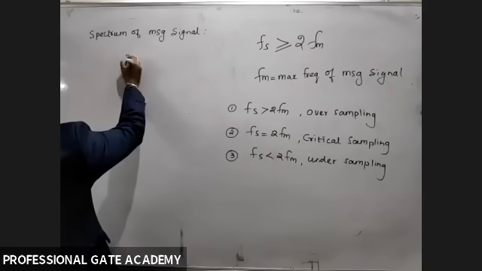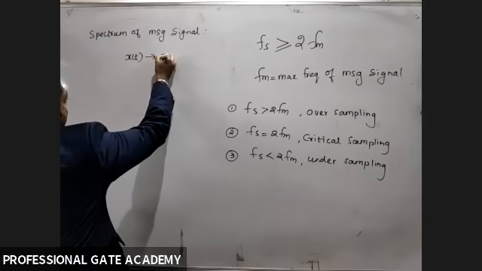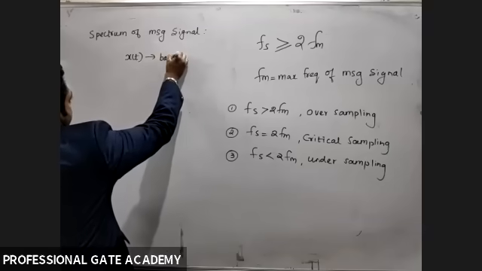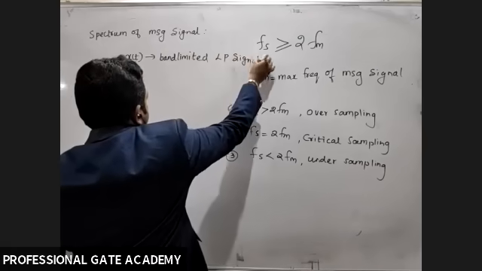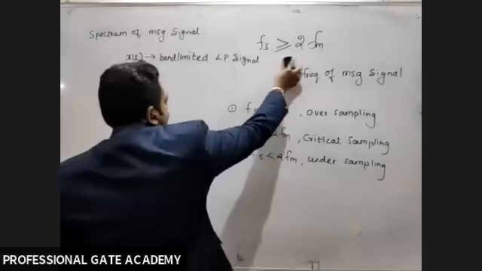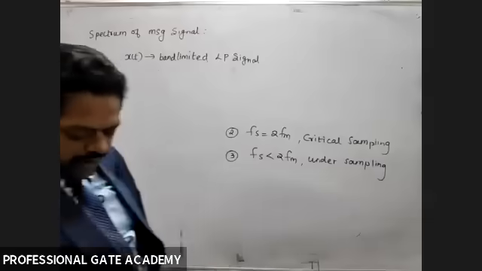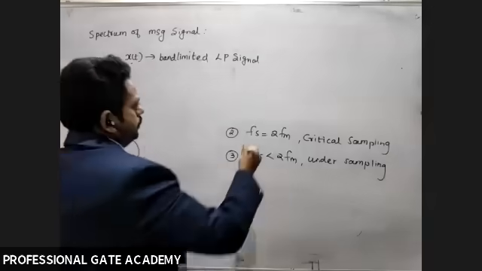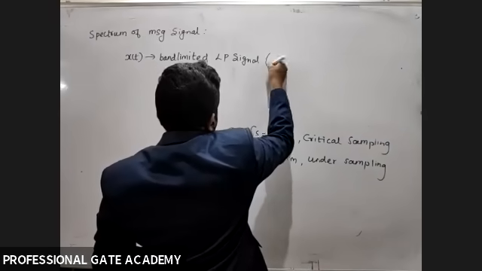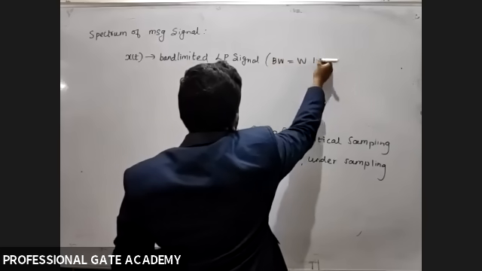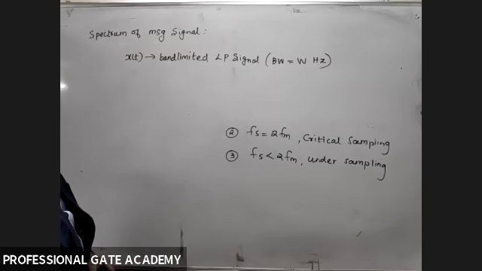Take x of t as a band limited low pass signal with bandwidth W hertz. X of t is a band limited low pass signal with the bandwidth W hertz.